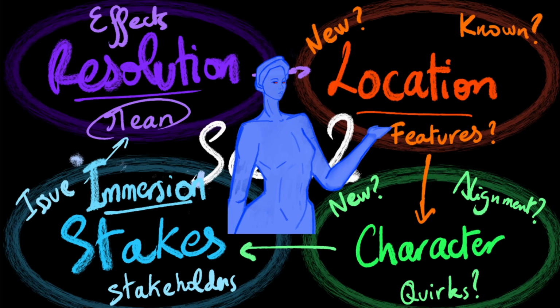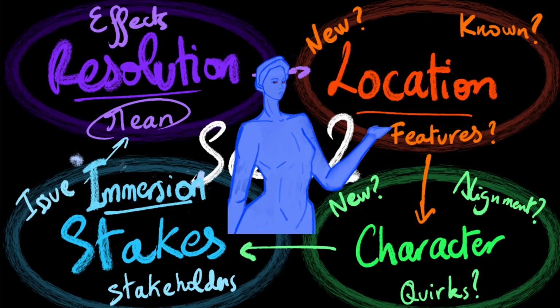Because making a scene more immersive through the features of the location or the relationships with the character is quite easy. For the location, you make a description, or you make the characters attach themselves to the location through dialogue. For the characters, same thing. You describe the character to make it more integrated to her environment, or you dialogue with her.